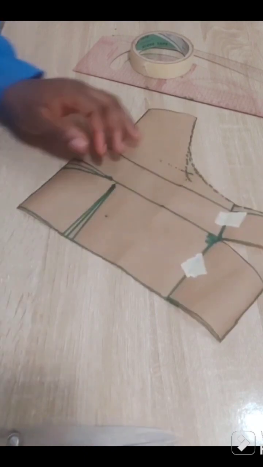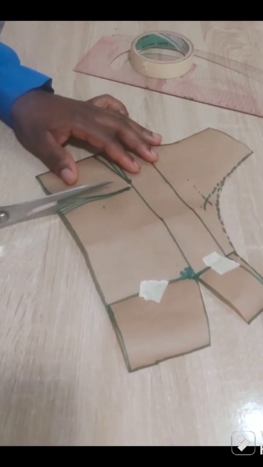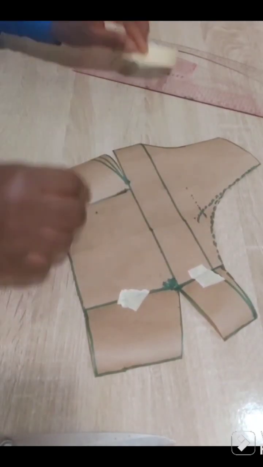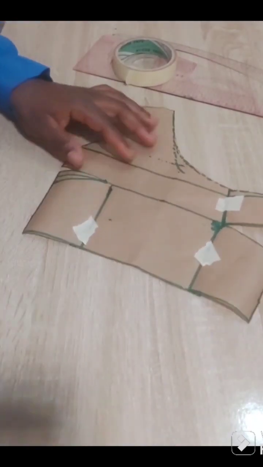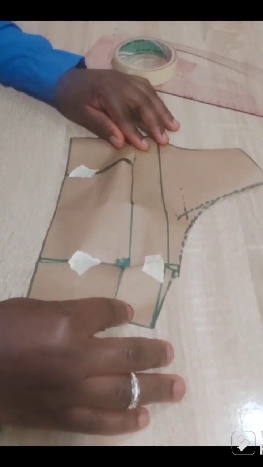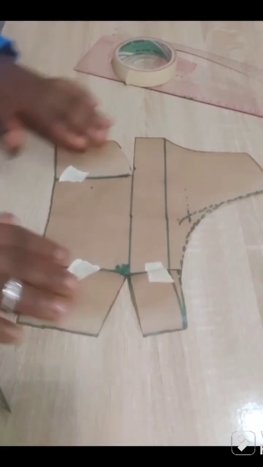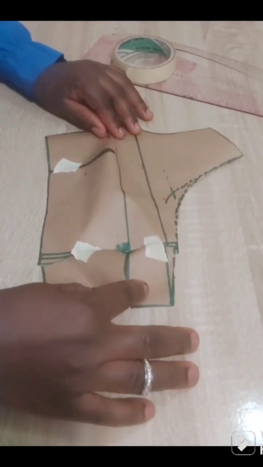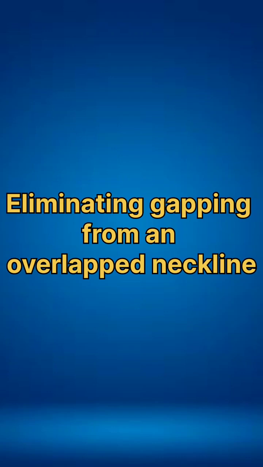So now I'm cutting the other bust darts and waist dart also to close my waist dart and leave the bust darts. So now we have a bodice with asymmetric neckline.